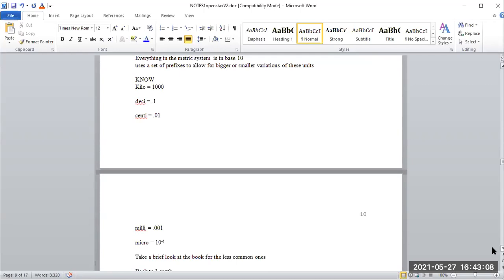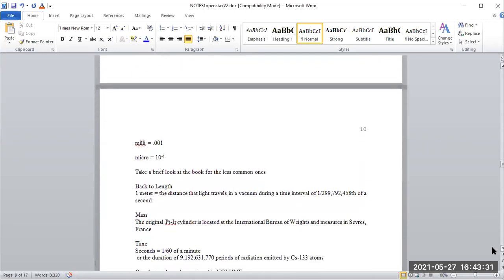Kilo is the one that's bigger than 1 unit. Okay, so kilo is 1,000 or 10 to the 3rd. We have deci, centi, milli, and micro. So 1/10, 100th, 1,000th, and 1,000,000th.